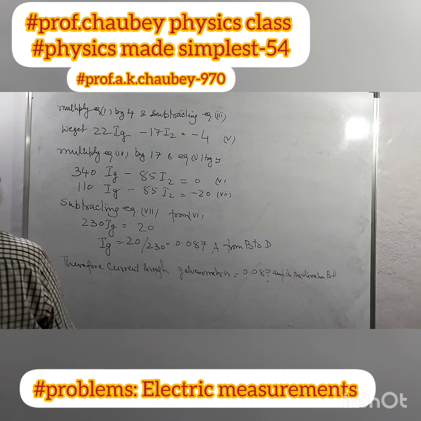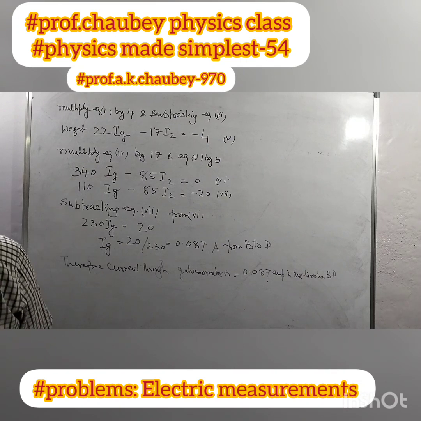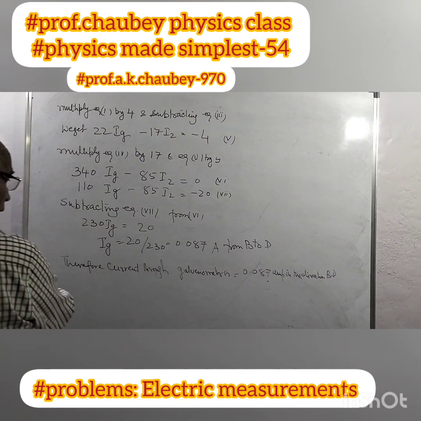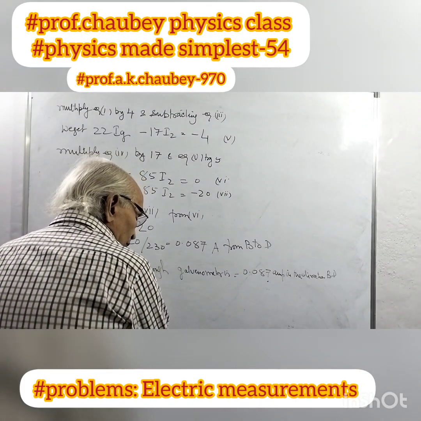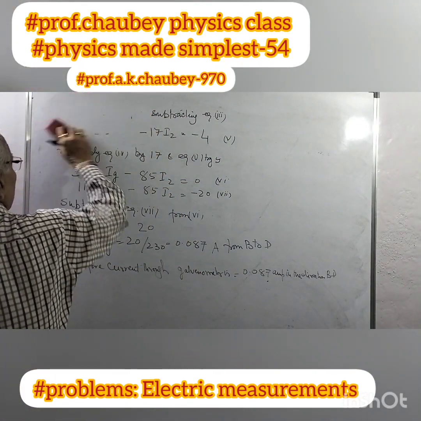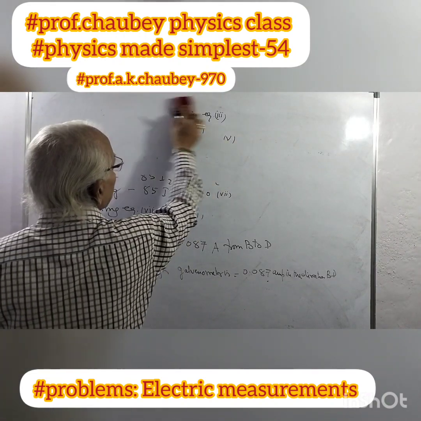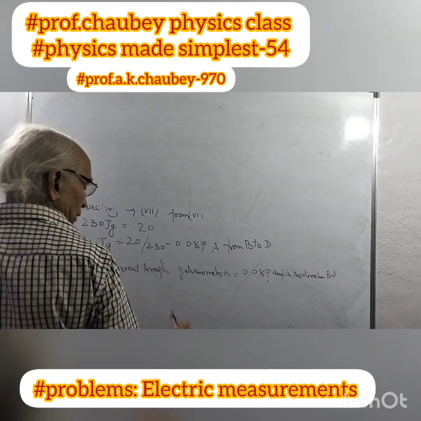And now what we do? We have to calculate one more thing. What is that? We have to calculate the AC resistance. So for that, I have to rub because there is no place.